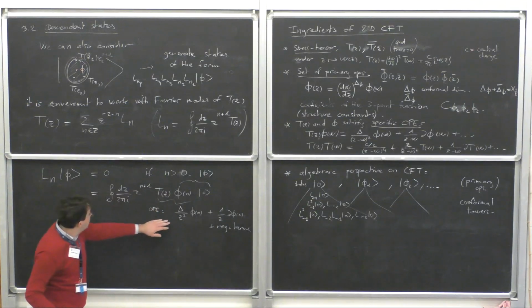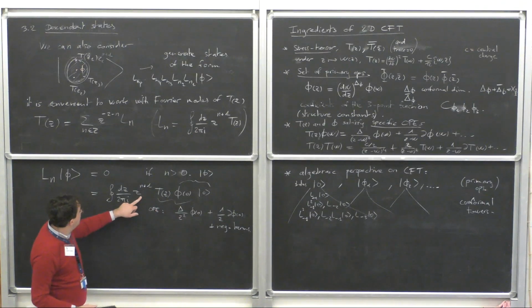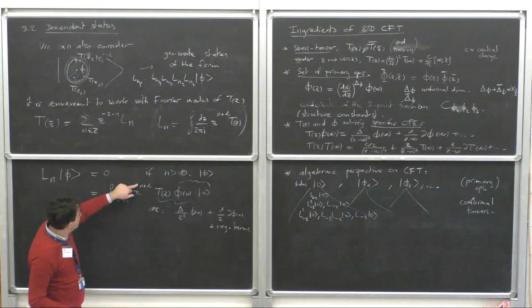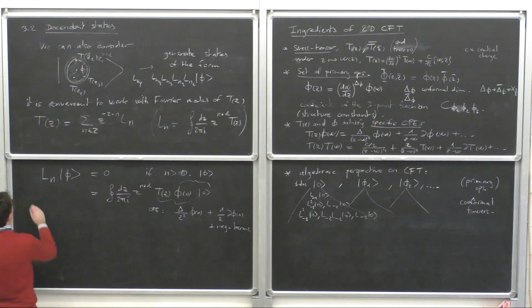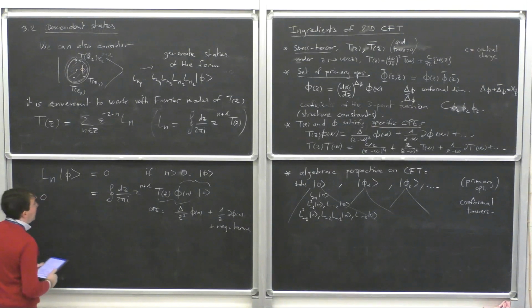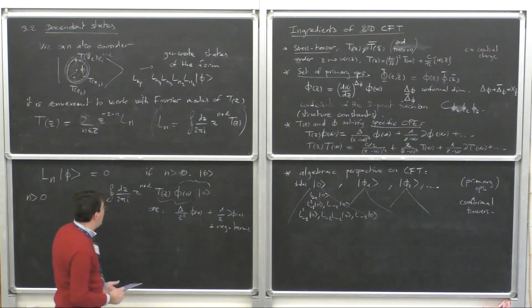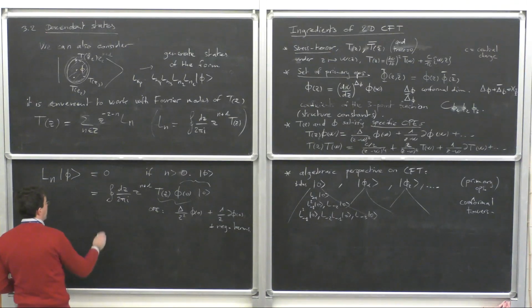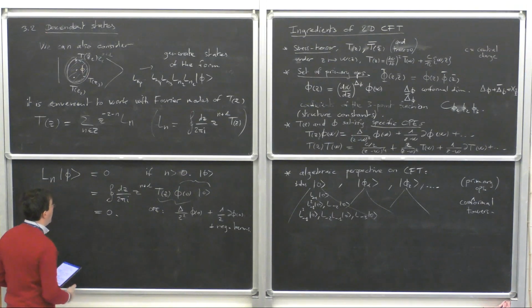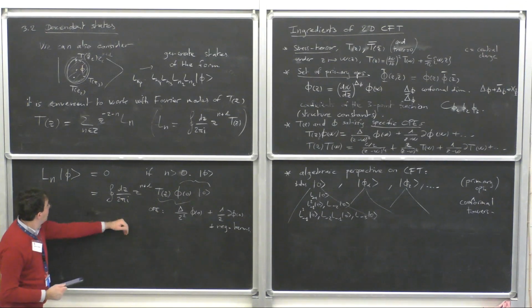But since you are multiplying this by z to the n plus 1 with n strictly positive, you see that this kills the pole. And so there are no poles left, and so this is 0, as claimed.